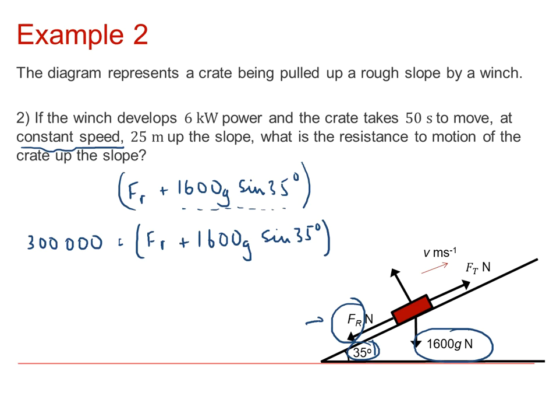Now we've got to multiply by the distance moved, which we're told is 25. So therefore multiply that by 25. And then if you calculate that expression, we end up with Fr, the frictional force, is 3006 newtons.